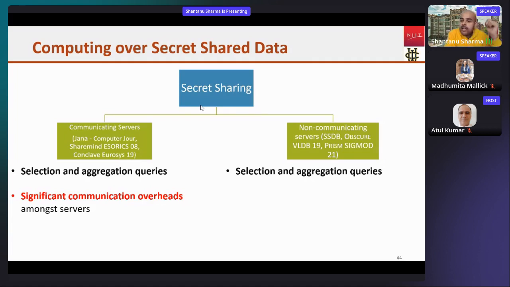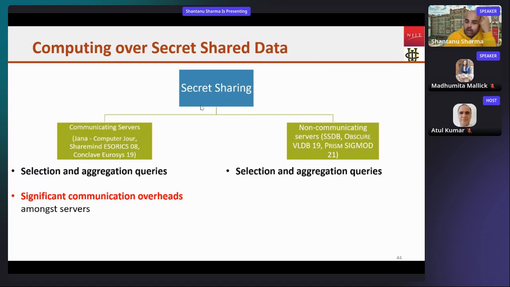On the other hand, in non-communicating server categories, servers will never communicate, either before the computation, after the computation, or during the computation. These non-communicating server-based techniques provide a high level of security, because virtually we can say the servers don't know each other, so they cannot communicate.